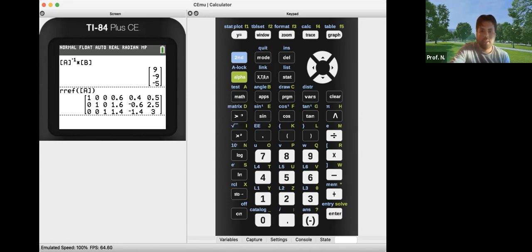And so I found the transition matrix that goes from the old to the new. So that's going to be the transition matrix P from B to B prime: 0.6, 1.6, 1.4, 0.4, negative 0.6, negative 1.4, 0.5, 2.5, and 3.